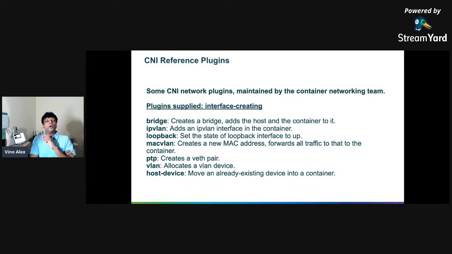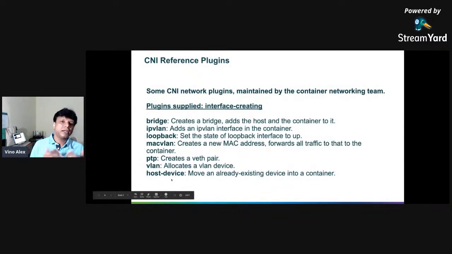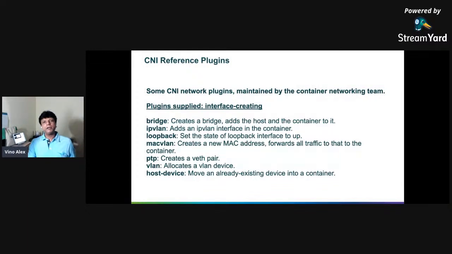You could see a lot of reference plugins in the opt bin directory, which is the default directory for CNI plugin binaries. If you go and look, you could see reference plugins like Bridge, IPVLAN, Loopback, MACVLAN, PTP, VLAN, and host-device.